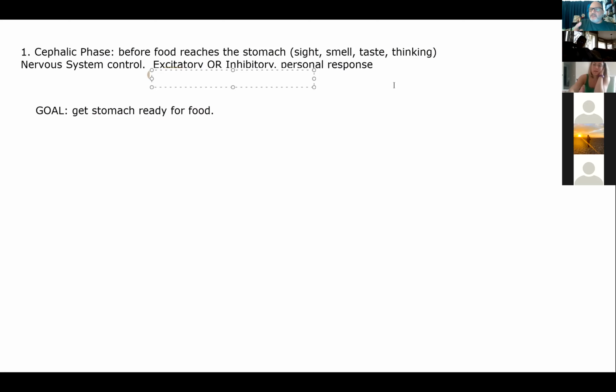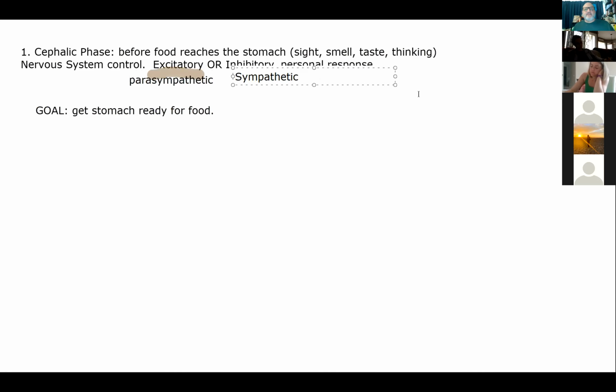Sympathetic? Be the parasympathetic. Parasympathetic. Right, absolutely. So our excitatory is going to be parasympathetic, whereas our inhibitory would be sympathetic.